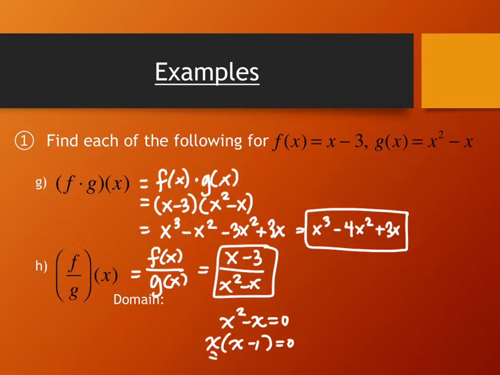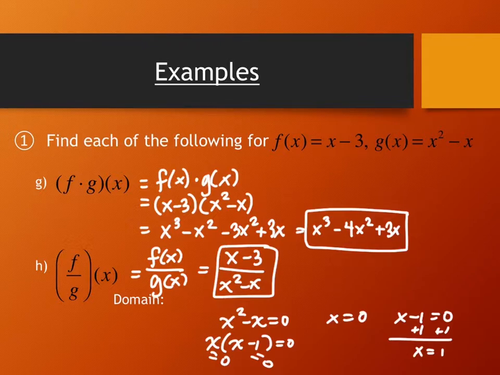I can set each term equal to 0, right? So I have x equals 0, and I have x minus 1 equal to 0. If I add a 1, I get x equal to 1. If x is equal to 0, or if x is equal to 1, the entire denominator will become 0, correct?